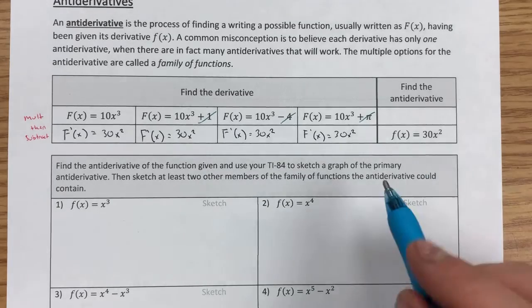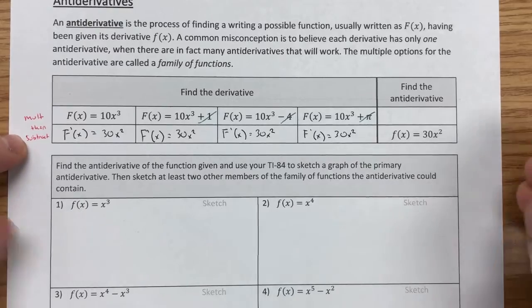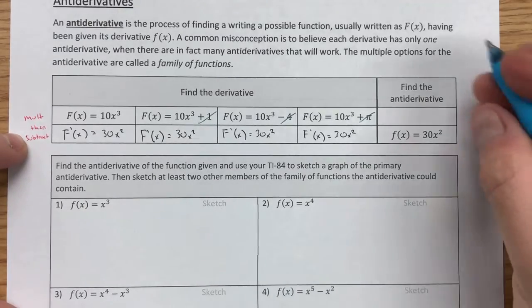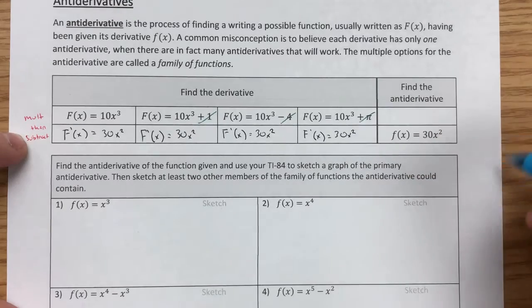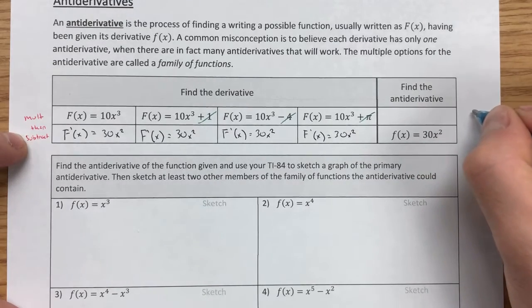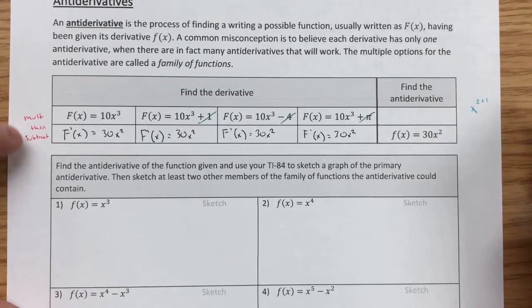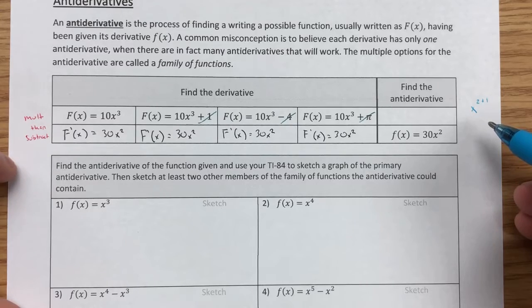What we're going to do is add 1 to the power. So I'm quite literally going to take that x squared and make that x to the 2 plus 1. I'm going to add 1 to the power. And then if I multiplied, I'm going to have to divide. What am I going to divide it by?